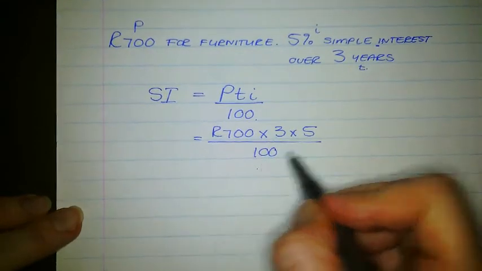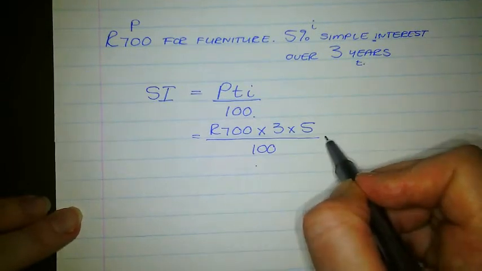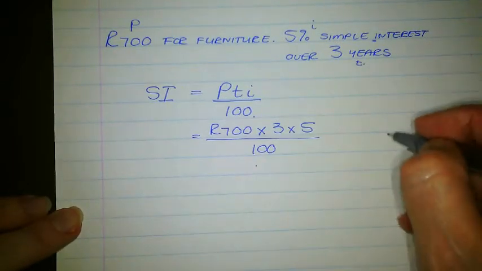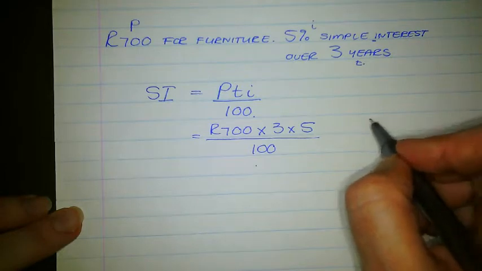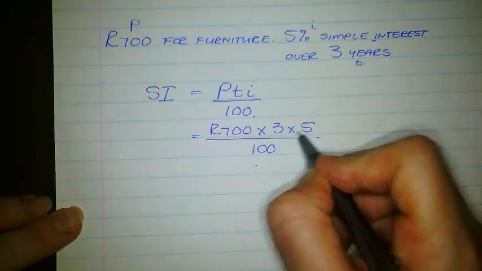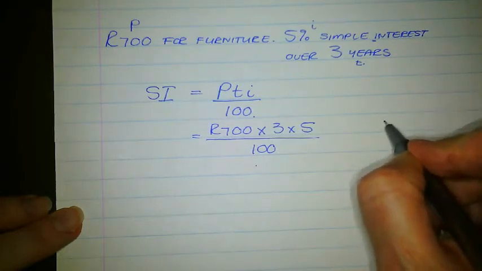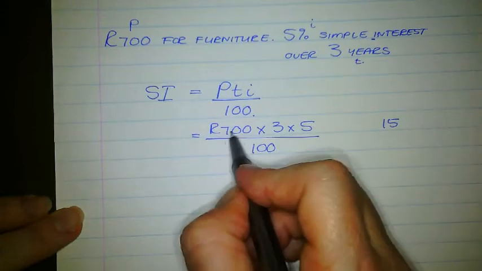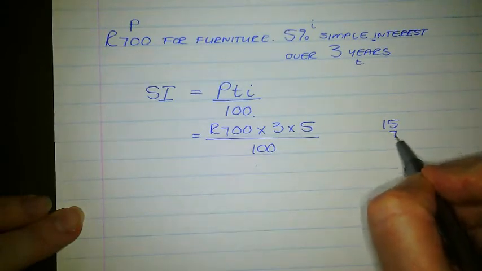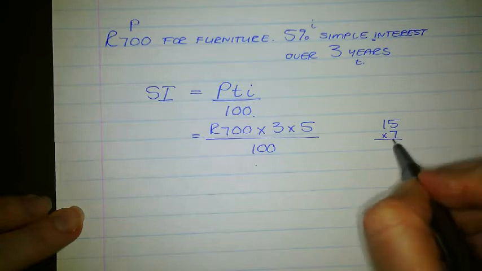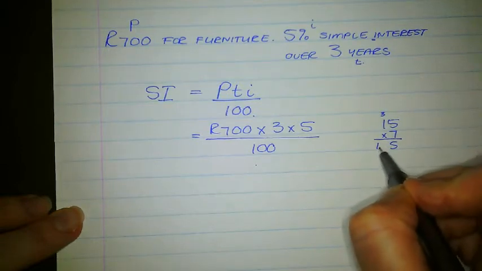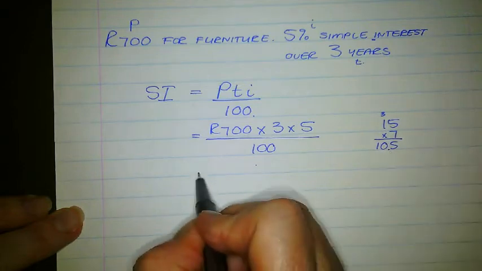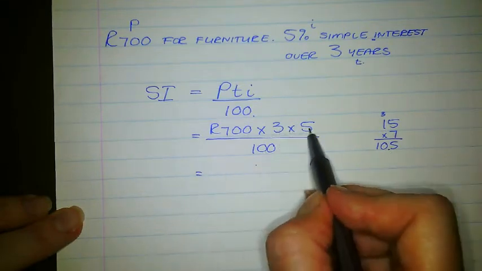Now you are going to have to do the calculations somewhere on the side of your paper. To make it easier you can say 3 times 5, and that's going to be 15, and then you take the 7 and multiply it with the 15, so it's going to be 105, and that is just the digits that you see.